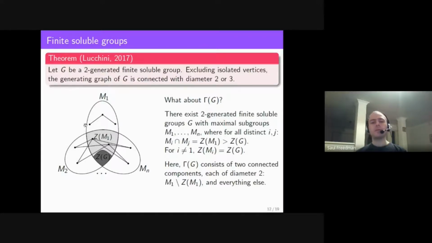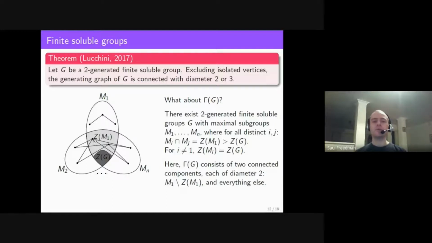So why is this upper component connected with diameter 2? Well, these vertices are exactly the non-central elements of M1, and recall that the subgraph of gamma of G induced on the non-central elements of a maximal subgroup is exactly the non-commuting graph of that maximal subgroup, which has diameter 2. So this component is just the non-commuting graph of diameter 2. Okay, now what about this lower component? Well, recall that any non-central element of a group is centralized by at most one maximal subgroup.